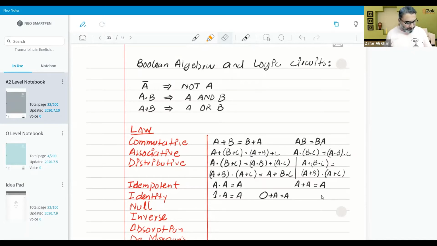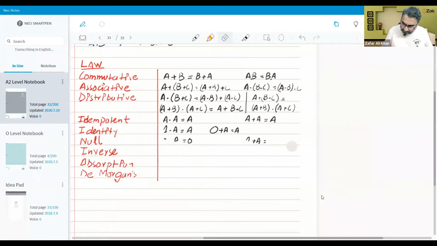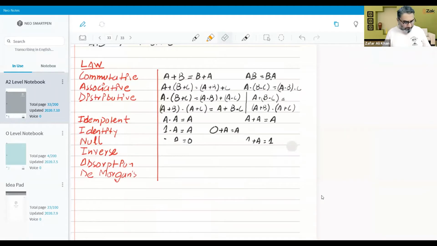Similarly, then we have null laws. Null laws say 0 into A is equal to 0 and 1 plus A is equal to 1. Then we have inverse law.